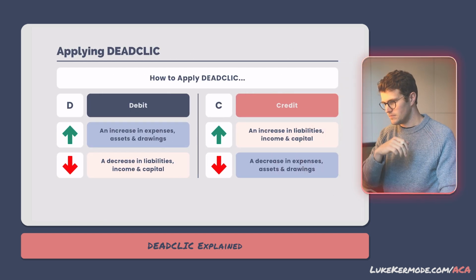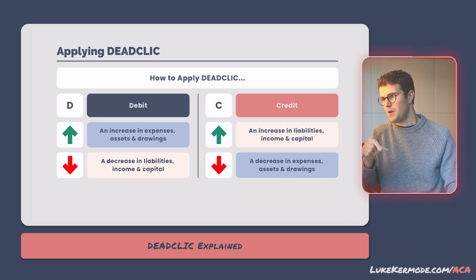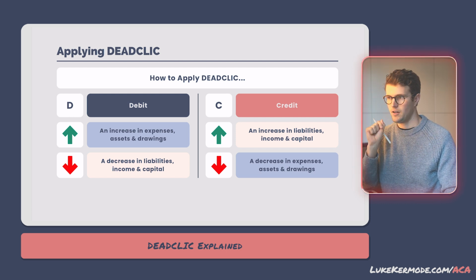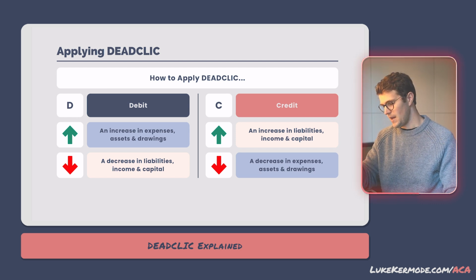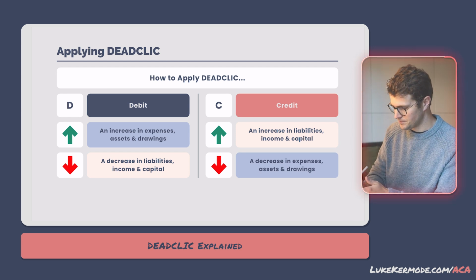This slide brings everything together and shows you how to apply the DEADCLIC rule. You make a debit entry in an account when there's an increase in an asset, like for example when office furniture is acquired, or there's an increase in an expense amount, such as paying for stationery, or the owner has made a drawing.